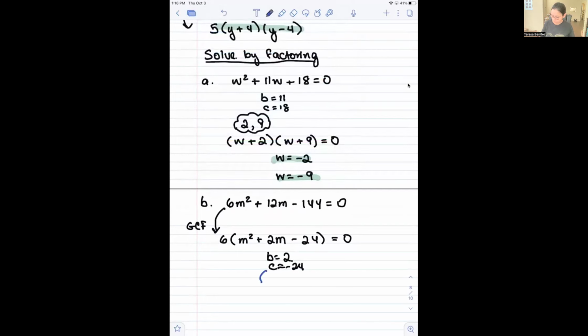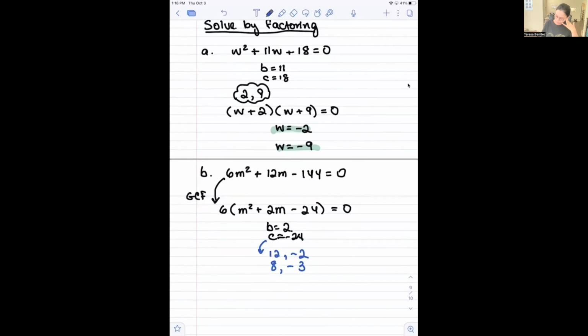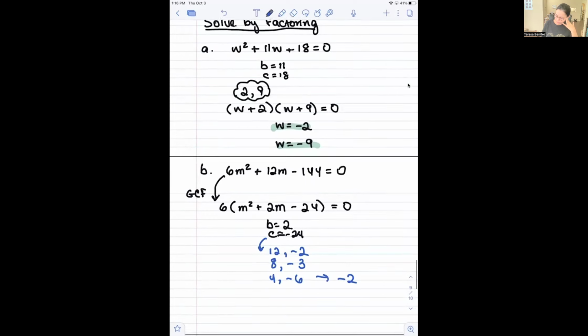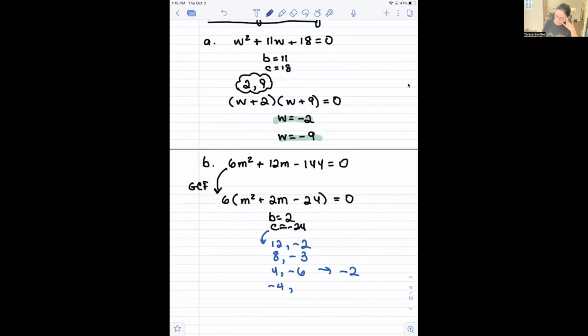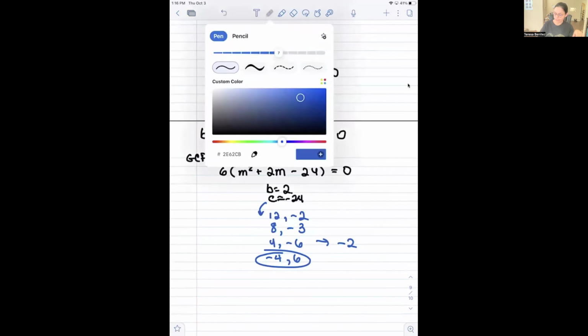With two numbers that multiply to c, I could use 12 and negative 2. That doesn't add up to 2. I could use 8 and negative 3. And that does not add up to 2. I could use 4 and negative 6. Oh, these add up to negative 2. So I must be close, so I'm going to use negative 4 and 6. My two numbers, they multiply to negative 24 and they add up to 2, okay?